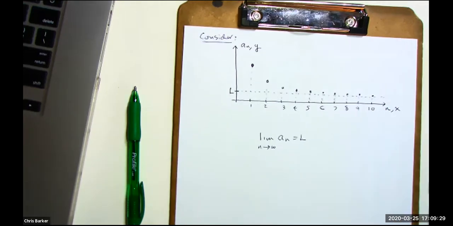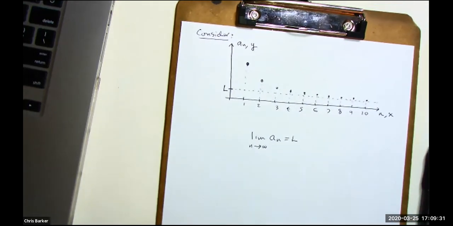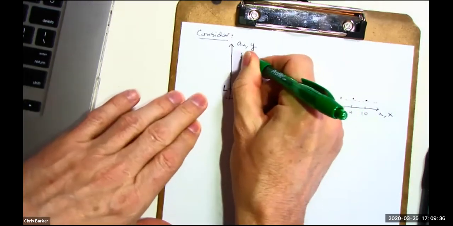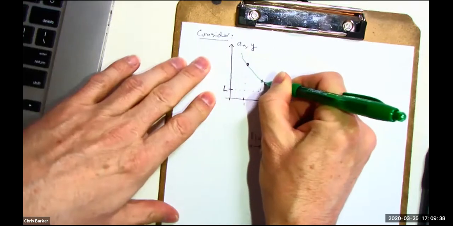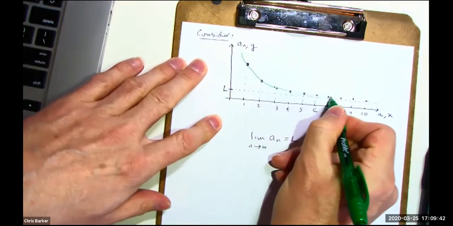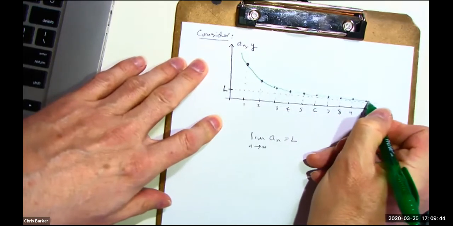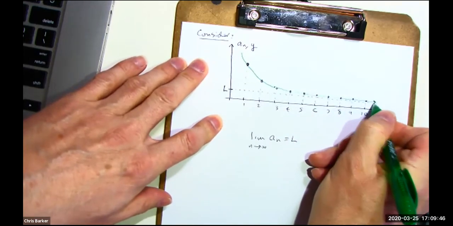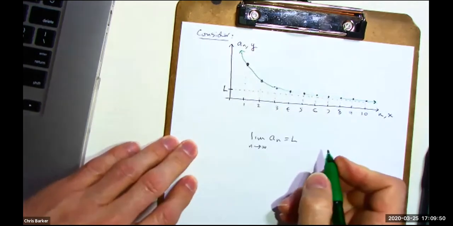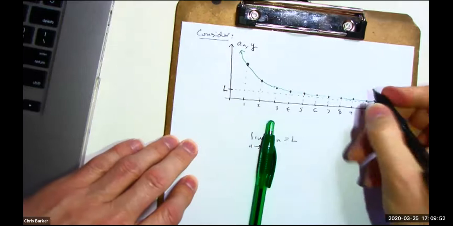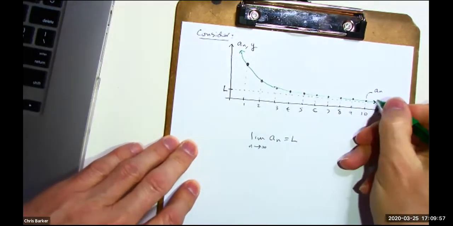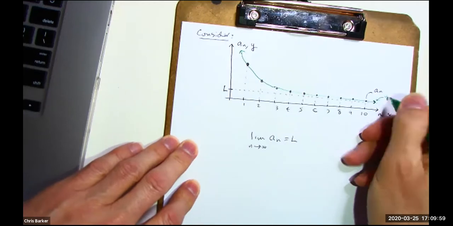Okay, now, say on top of this graph, I superimpose an actual regular continuous function that looks like this. So I'm now graphing this green graph that approaches that asymptote, doesn't it? Okay, so the black dots are my a sub n, and the green graph is my y.